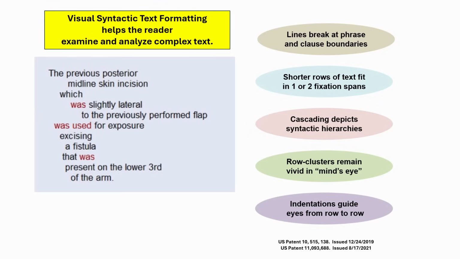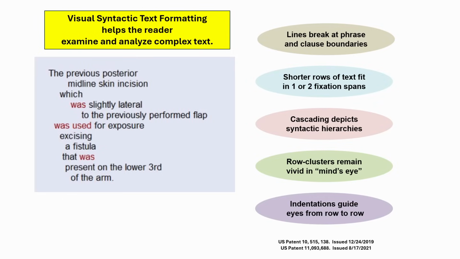As explained in other publications, visual syntactic text formatting helps the reader examine and analyze complex text. It does this by breaking the text lines at phrase and clause boundaries.